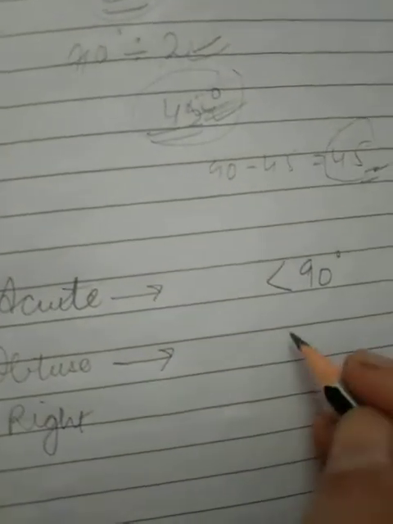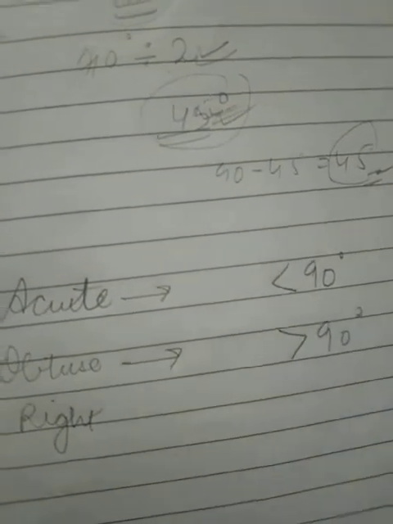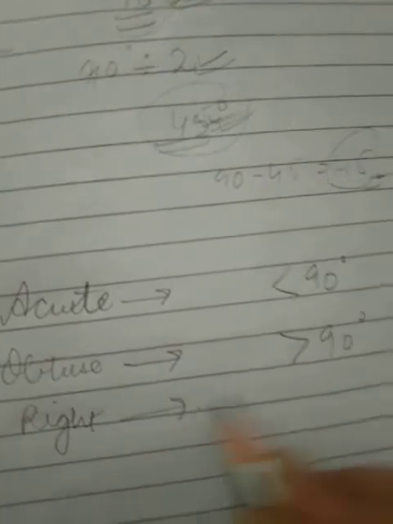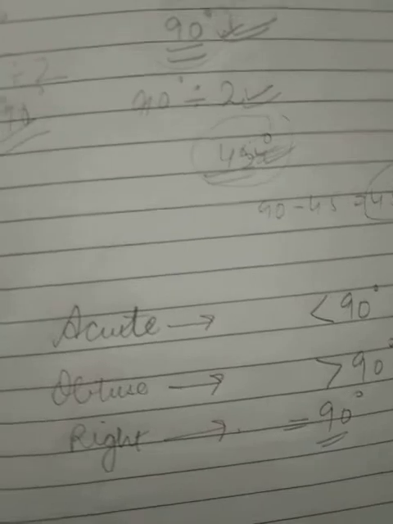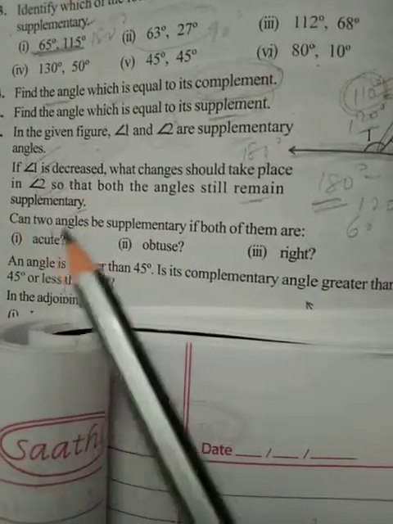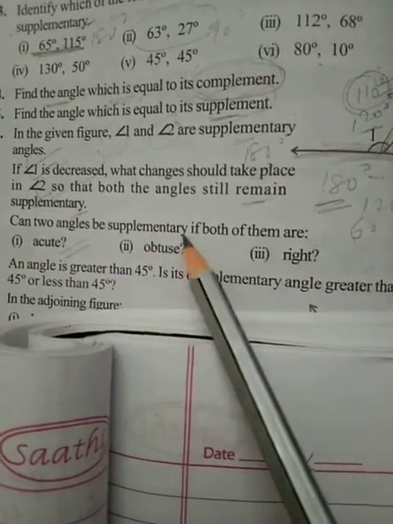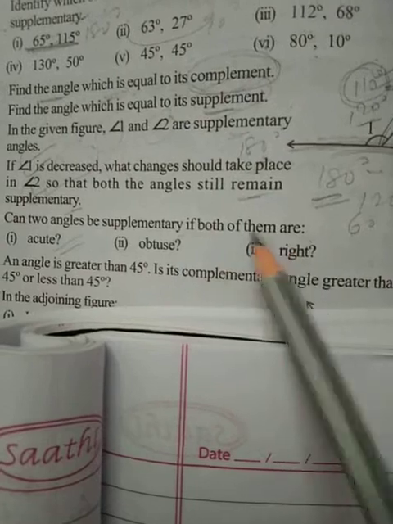Obtuse angles are those whose values are greater than 90 degrees. A right angle is this, its value is equal to 90 degrees. Now they are saying, if you take two acute angles, can two angles be supplementary if both of them are acute? Let's check.